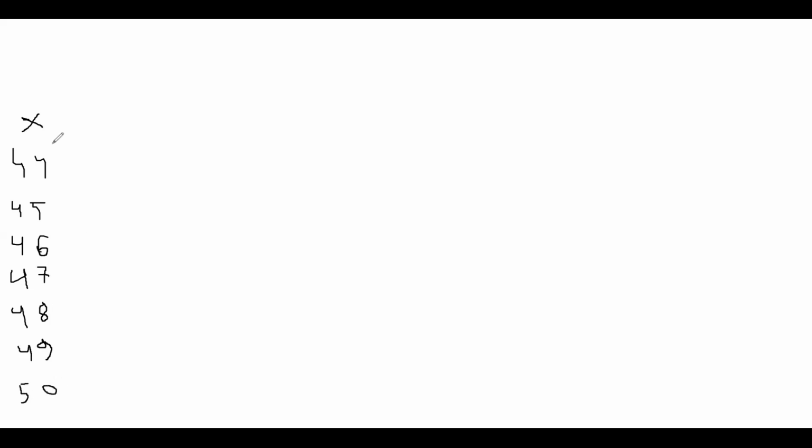These were all given. So weight per bag was your x, proportion of your bag was probability of x. It's also given in the question. We will have another column for probability of x. For 44, the probability was 0.04. For 45, it's 0.13. For 46, it's 0.21.